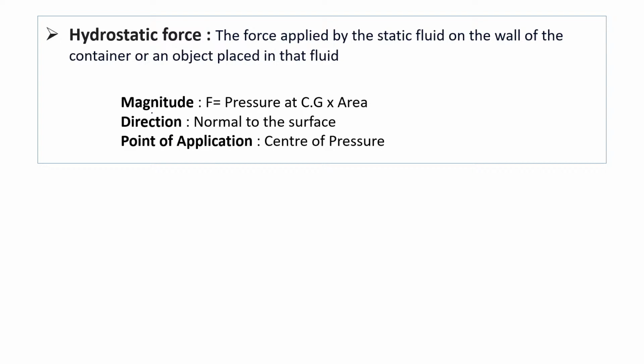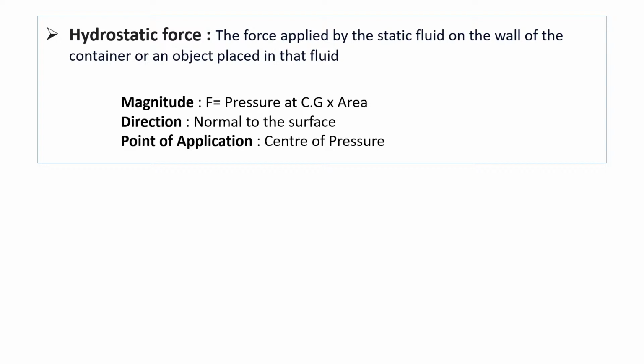The magnitude of hydrostatic force we can find as pressure at the center of gravity into area of the plane surface. The direction is always normal to the surface because this force is because of the pressure. And the point of application is also known as center of pressure.